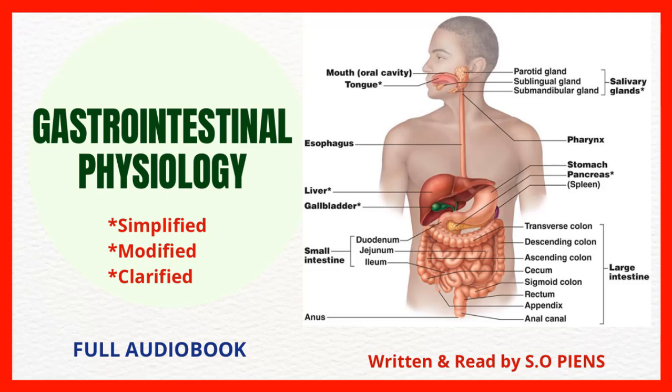We talk about stomach movements, which are basically the peristalsis, the receptive relaxation, and hunger contractions. Then from there we go to the small intestine. Small intestinal movements, we have a number of them. We have mixing movements, propulsive movements, and peristalsis movement too.